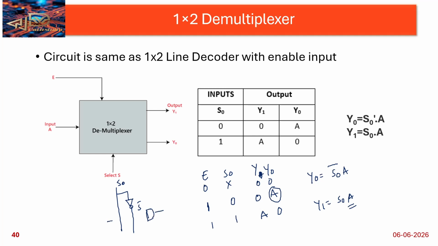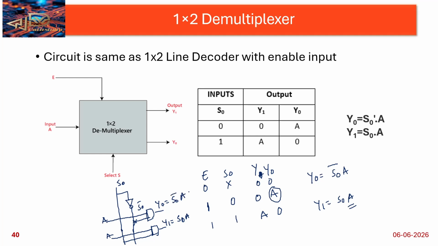This AND gate is connected to the input A and S0 bar, and I am getting the output Y0. Similarly, another AND gate you can consider, connected to input A and S0, giving Y1 equal to S0 into A, and Y0 equal to S0 bar into A.